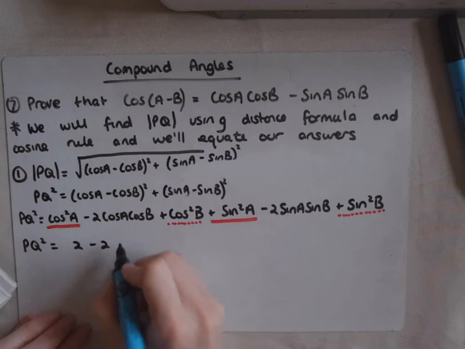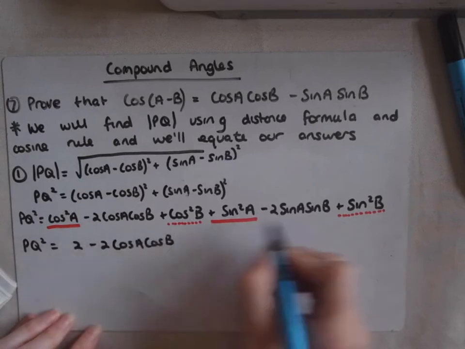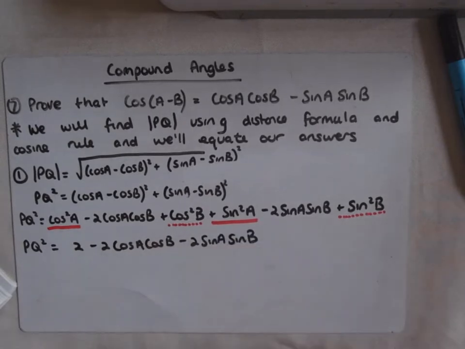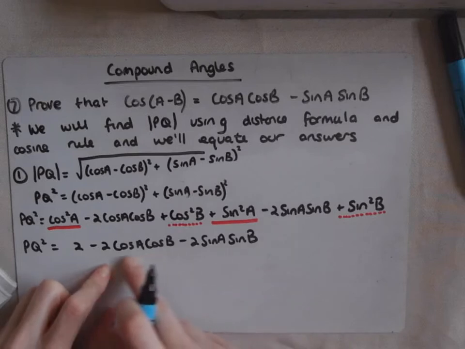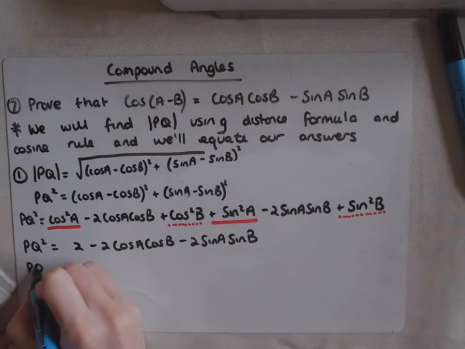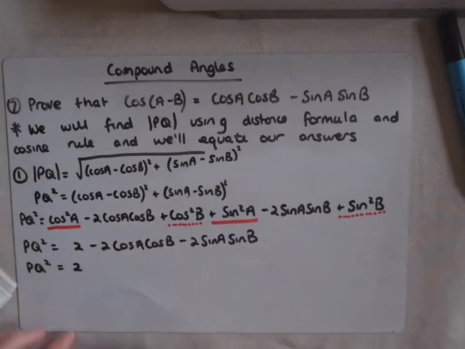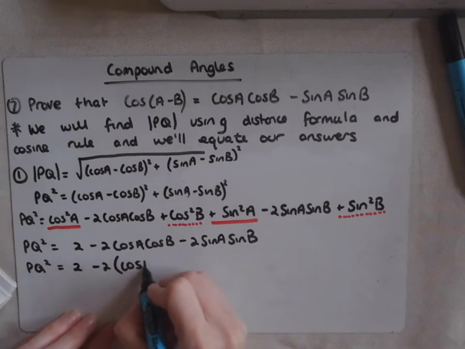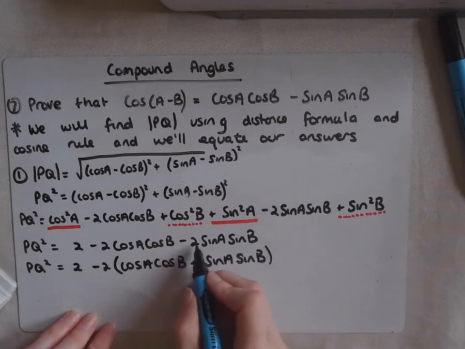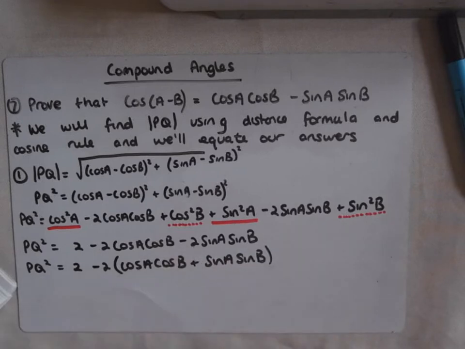And then I have minus 2 cos A cos B, and I have minus 2 sine A sine B. With these two, I have that the minus 2 is common. So PQ to be squared is 2, and then it's minus 2 outside of cos A cos B plus sine A sine B, because I've factorised out the minus 2 from there. So that's my first bit. I found PQ using the distance formula.